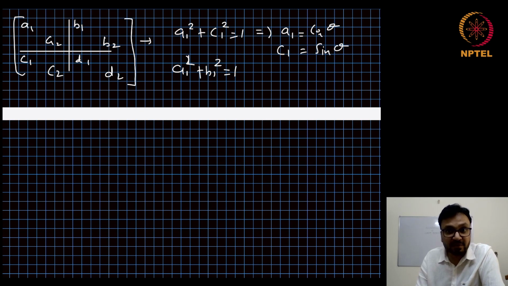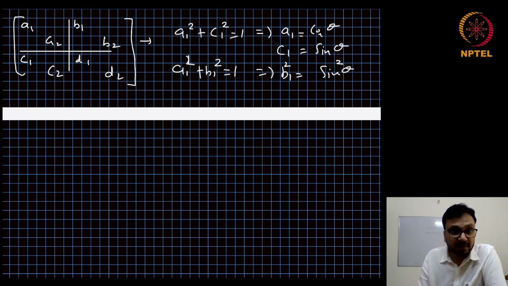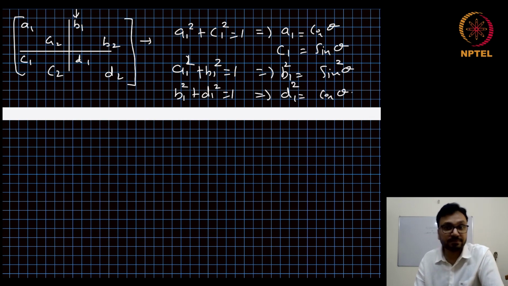Then we know A1 is cos theta. This implies that B1 must be sine theta, but it could be minus sine theta also. So instead of that, we just say B1 squared is sine squared theta. Now, if we consider the third column, it becomes B1 squared plus D1 squared is 1. This implies that D1 squared is cos squared theta.